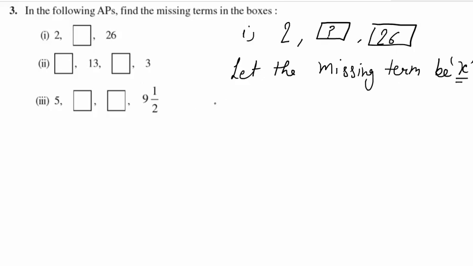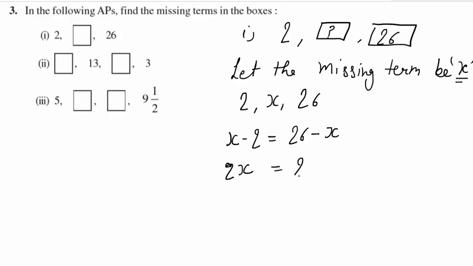So now you know that 2, x and 26, these three terms are in AP, and according to AP the common difference will be the same. So the common difference: x minus 2 should be equal to 26 minus x. Now solve this. This will become 2x equals 28 and x will be 14. That is what we had to find.